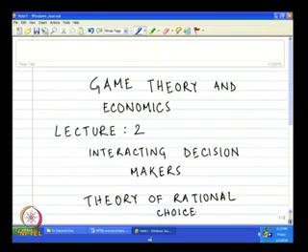And also the theory of rational choice implies that the choices made by the players or the economic agents must be consistent. By consistent we mean that if he chooses any action A, suppose, over another action B, then if there is another situation where A and B are available to him, he will never take action B if A is available.